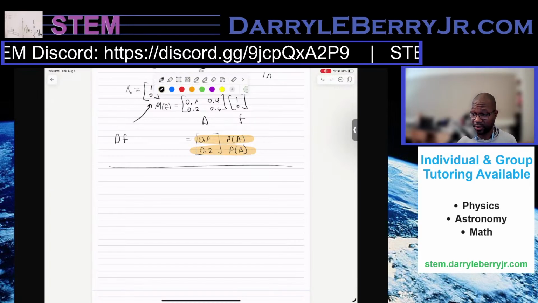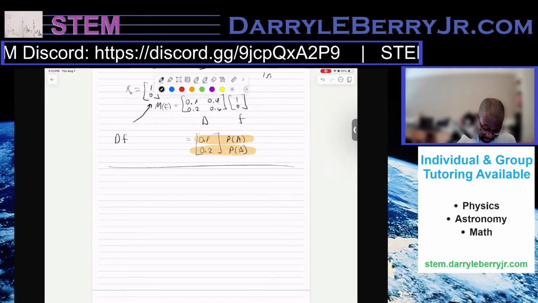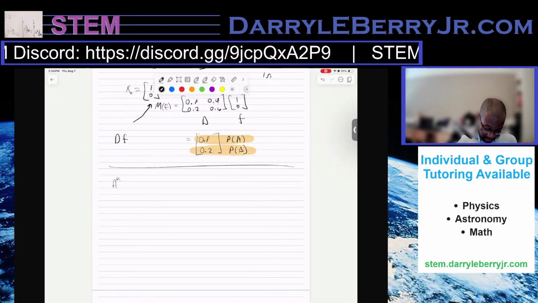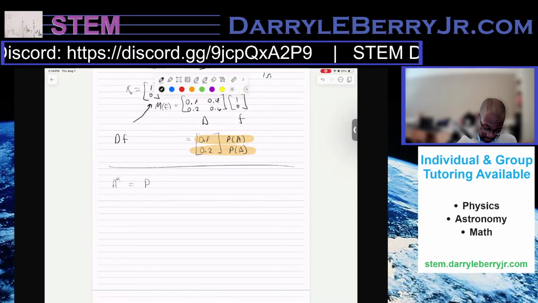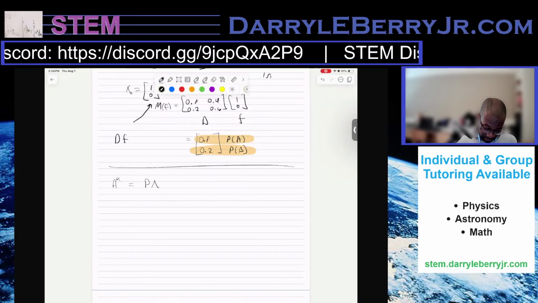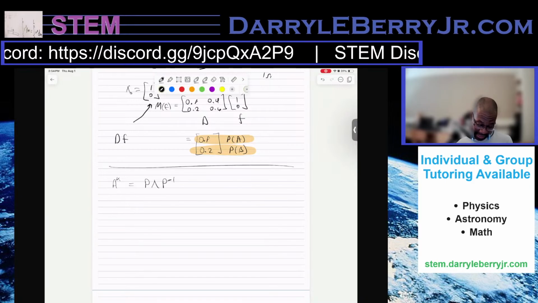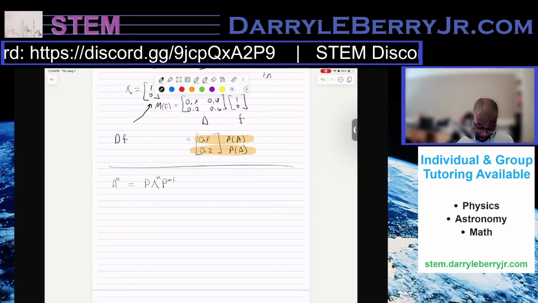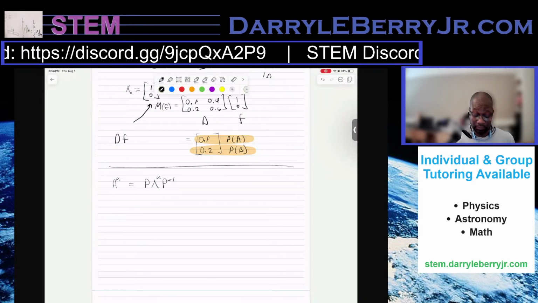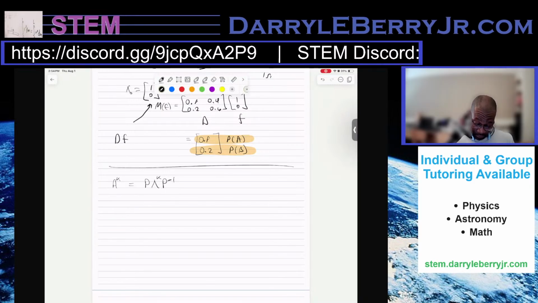So what we can do is use the fact that A^k equals P D^k P inverse that we got from earlier, and with this as A^k.